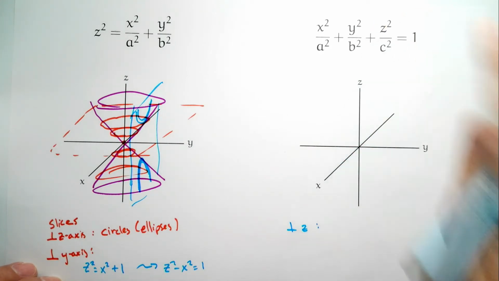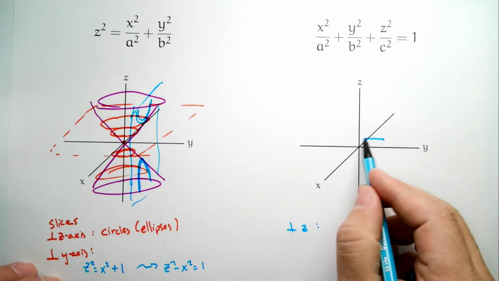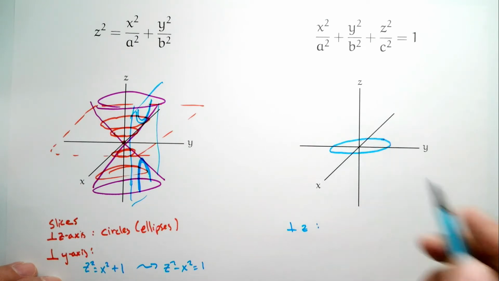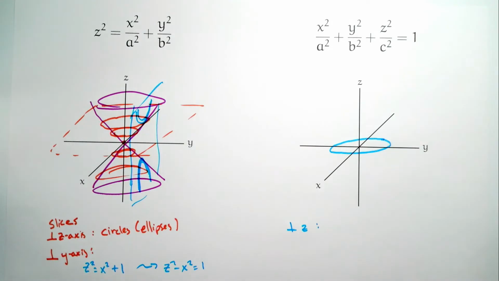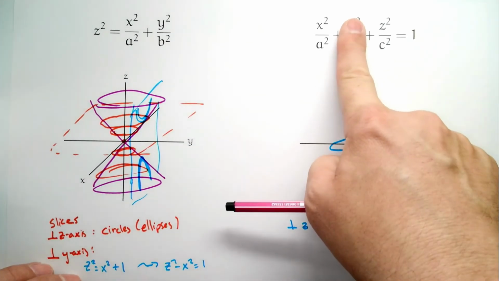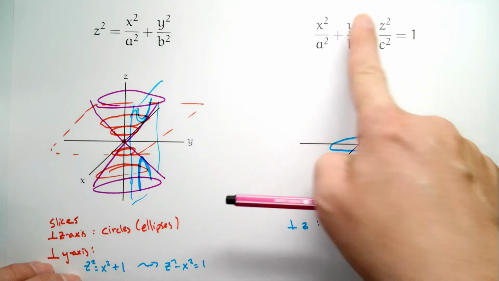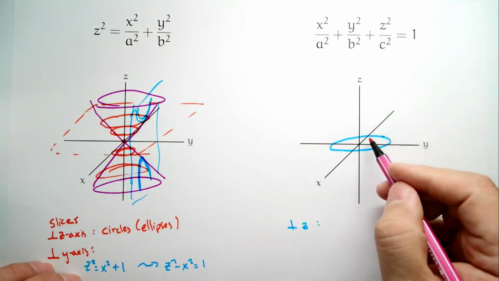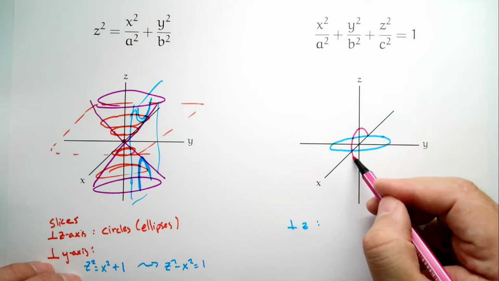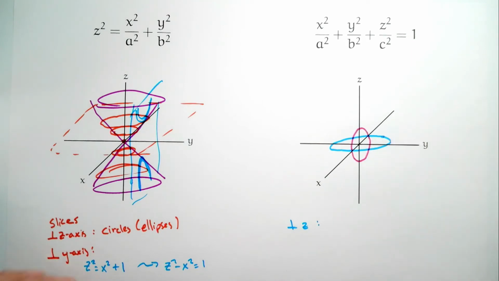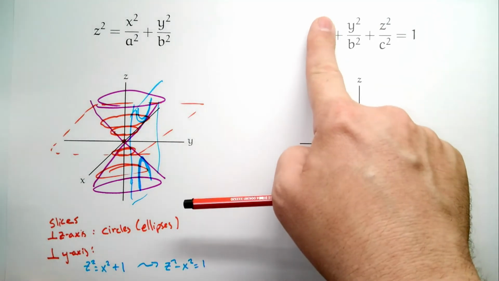It's an ellipse. Now suppose I'm perpendicular to the y. In fact, let's set y equals 0. What do we see? We see an ellipse. So if I set y equals 0, there's an ellipse. Now, let's do one more. And let's set x equals 0. What do we see?